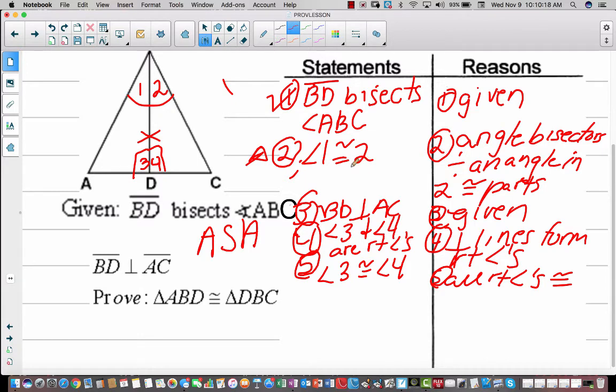Okay, now remember what we stated earlier. We need 3 congruent statements in the statement column between sides and angles, and we only have 2. So my next and 6th step is to talk about the reflexive property on BD.